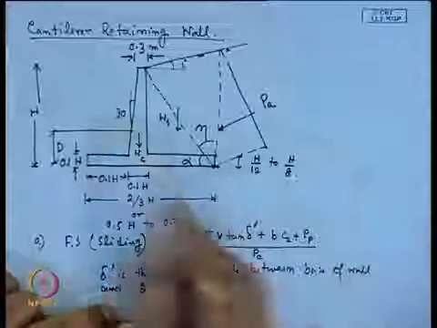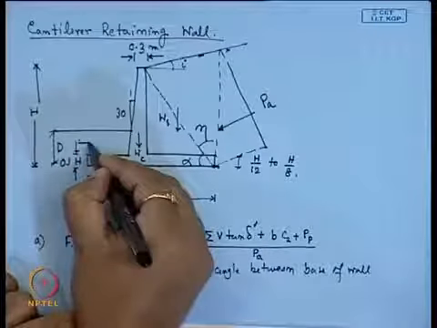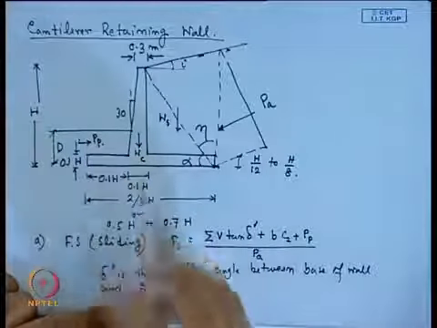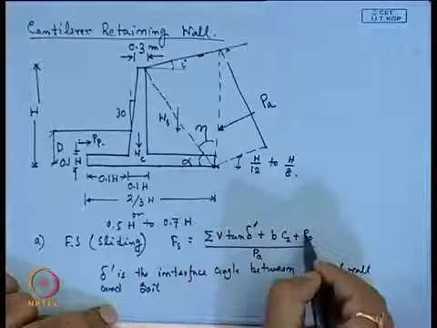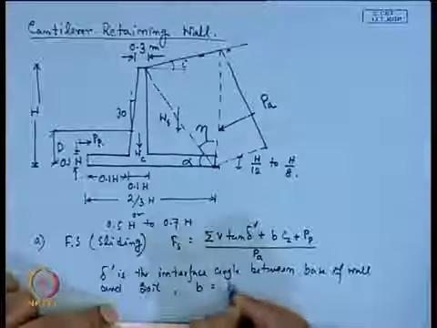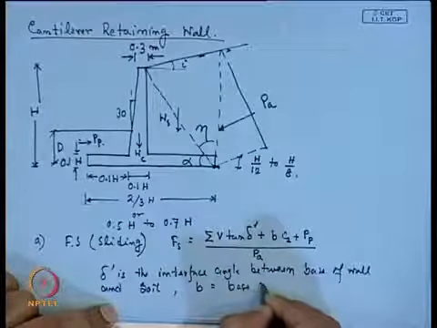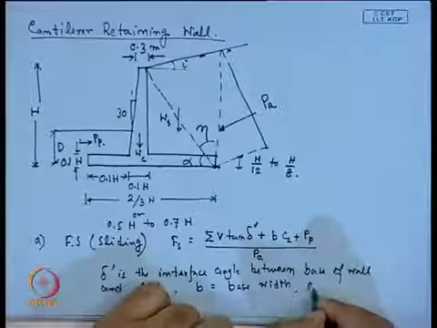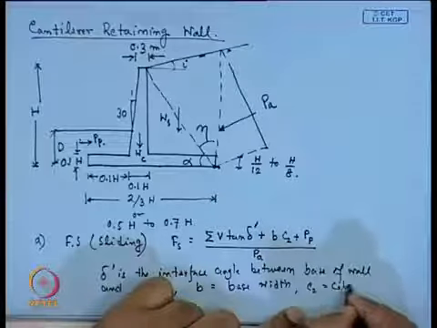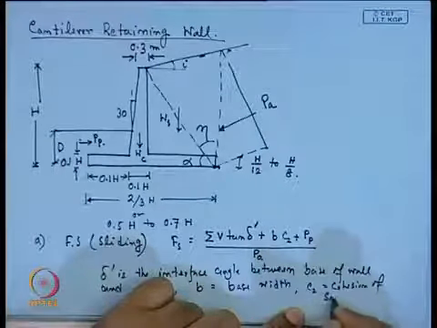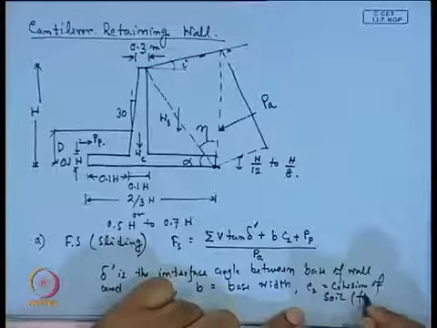So, this force P p will act here. This is the passive resistance that will act. So, B is the base width and C 2 is the cohesion of the foundation soil.